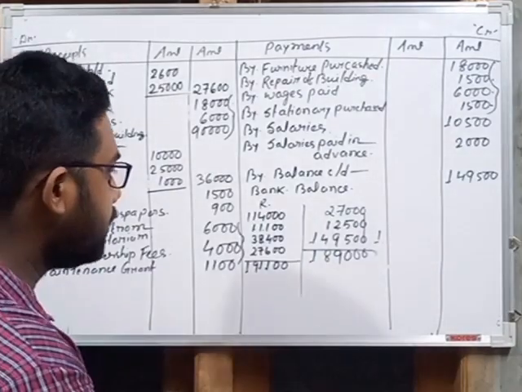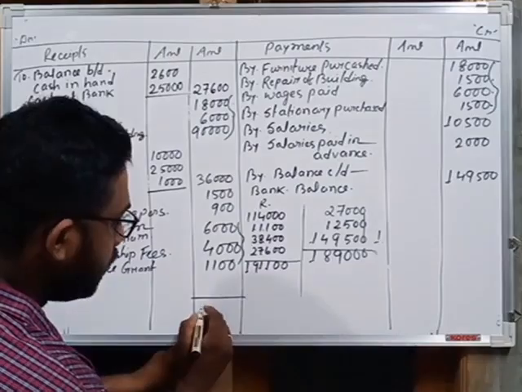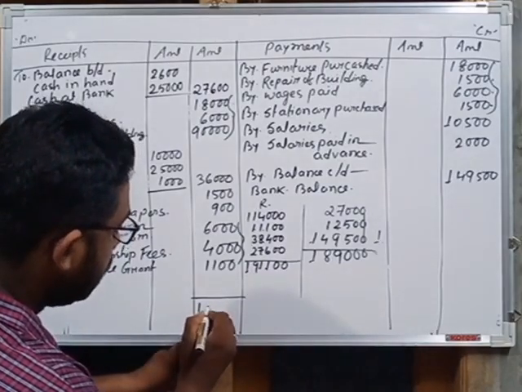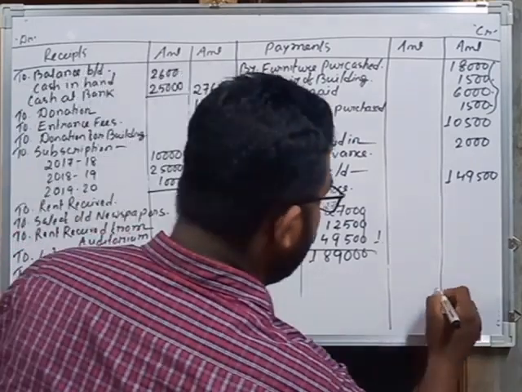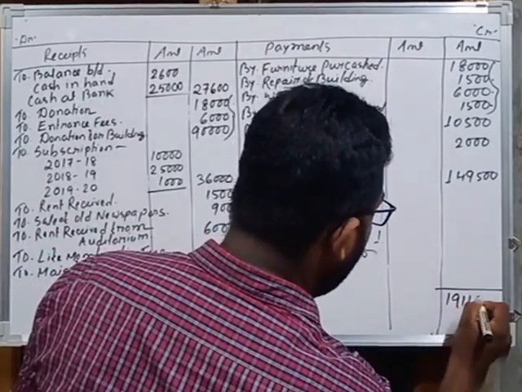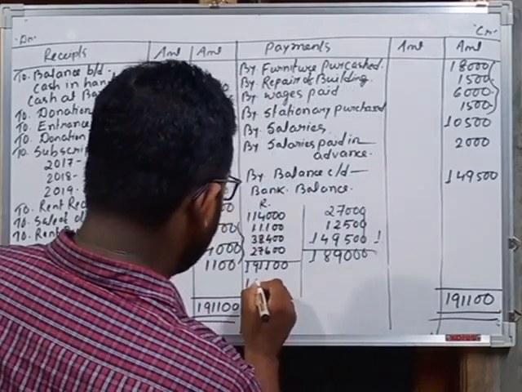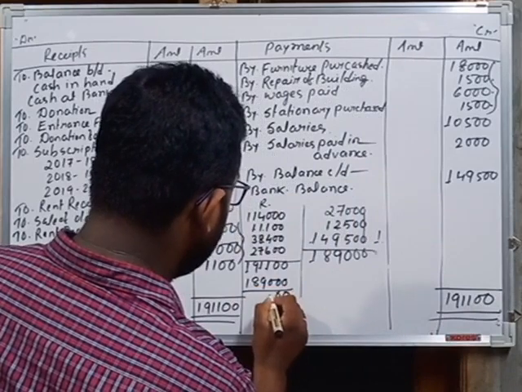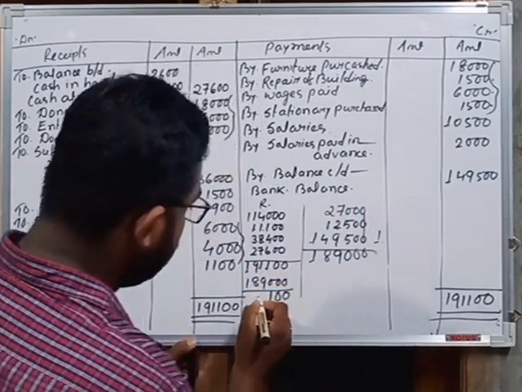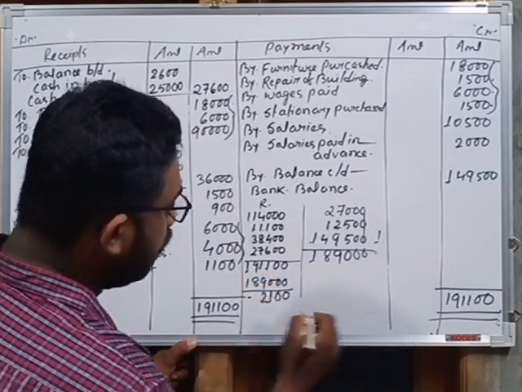So receipt side is greater than payment side. So for the total we have to write the larger side on both sides, 1,91,100 and 1,91,100, and the difference is 2,100.